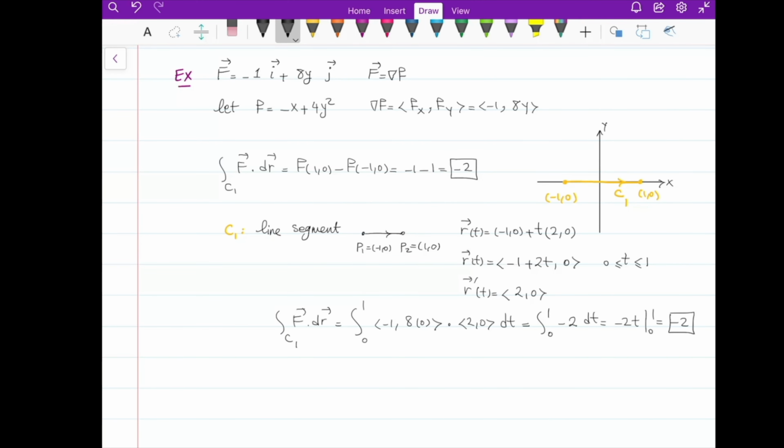Now let's check. If I go from the point P1 to the point P2 along this part of a circle, that was not a good circle, let me change it to that. Not bad. C2 is part of a circle of radius 1, the upper half of the unit circle.